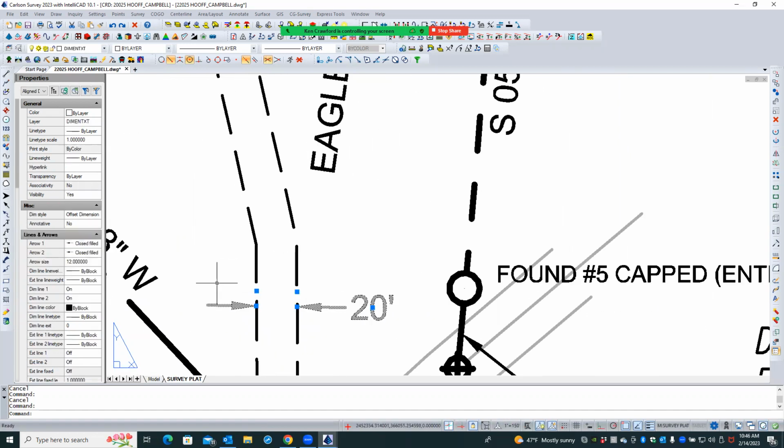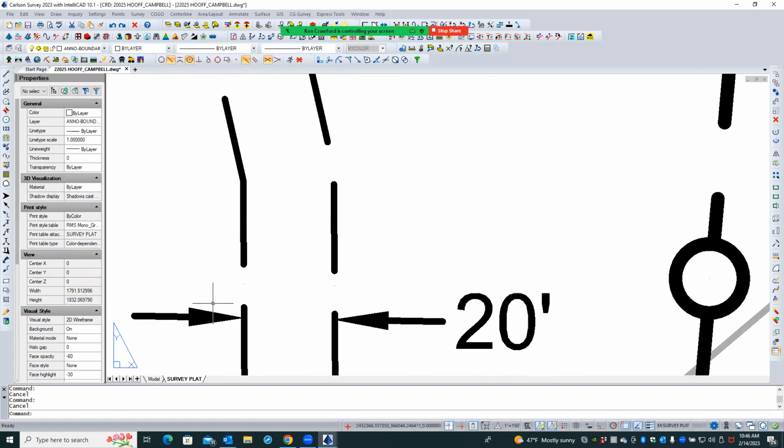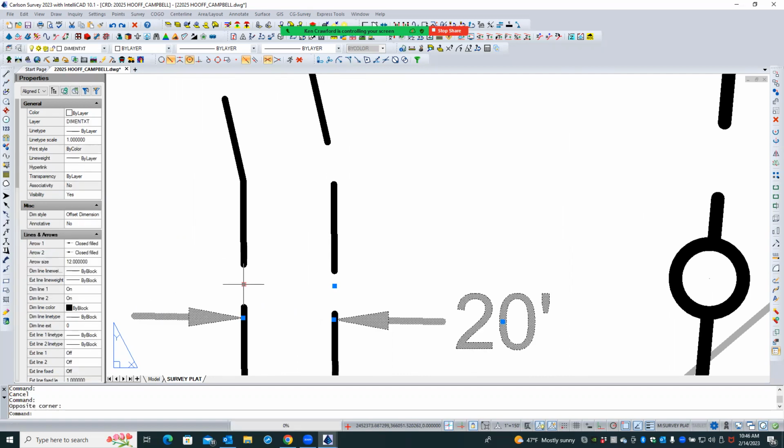Now, you see these dots right there? Those are part of the dimension, and if you select this dimension, you see they're there? That's when, if you were to set that as a dimension, you would pick this point, you would pick this point, and then it asks you to place it, and you would move the mouse up and down, and wherever you put it is where this is placed away from those pick points.